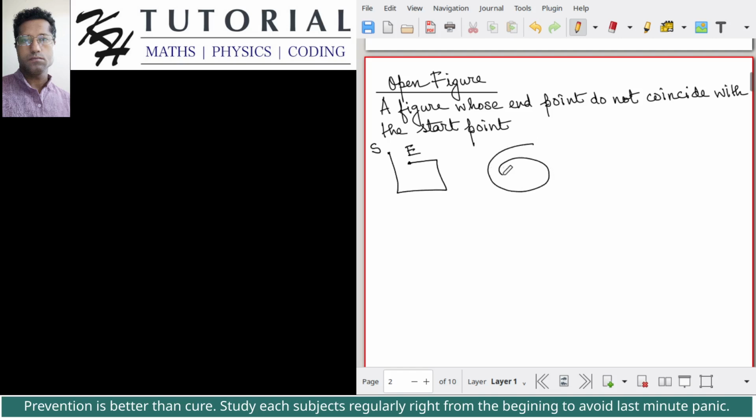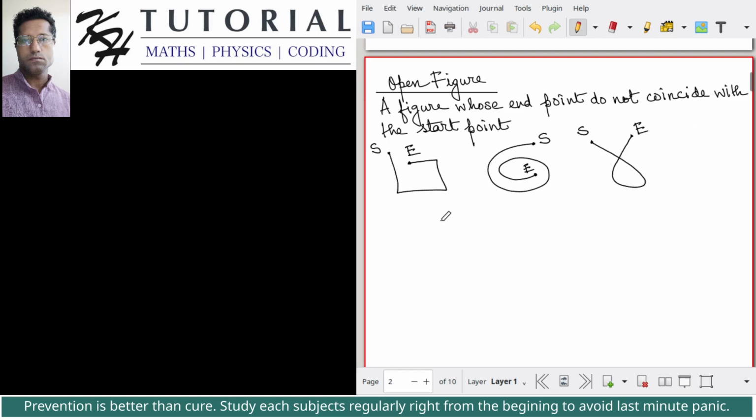Let's see a few more examples of an open figure. This is also an open figure, as this was my end point and this was my starting point. This is also an open figure, as this was my start point and this is my end point.